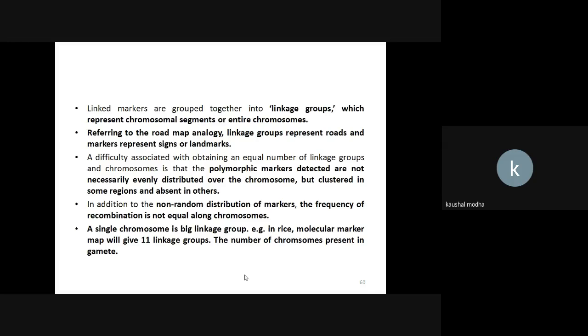Whatever polymorphisms we are utilizing, it is better if the polymorphism is distributed across the genome. Nowadays this is under control, but 10 to 15 years ago it was not in our control.